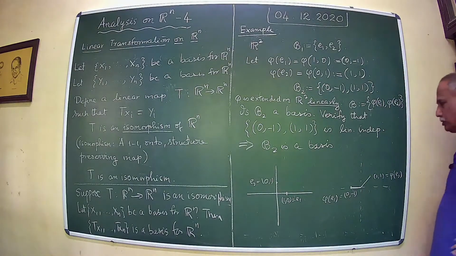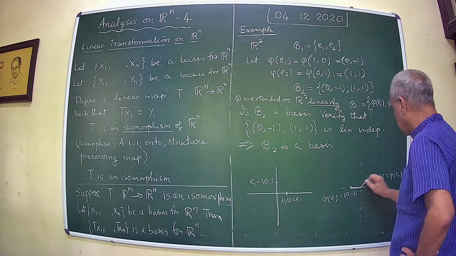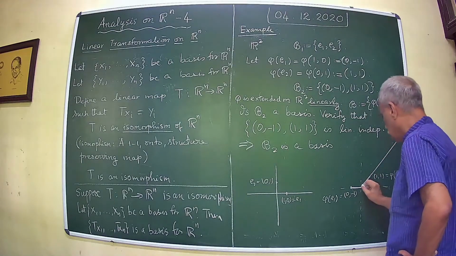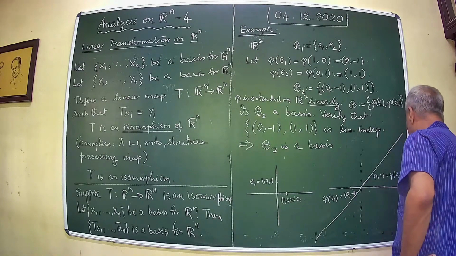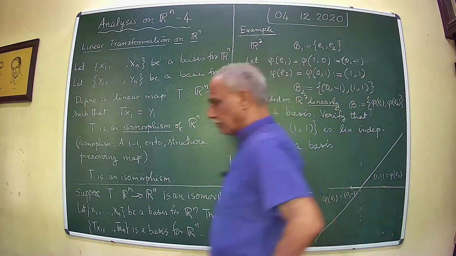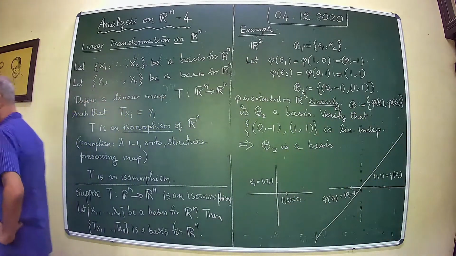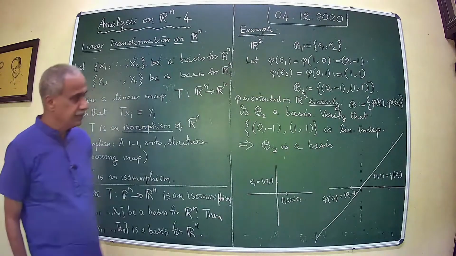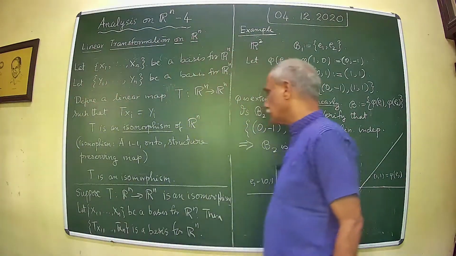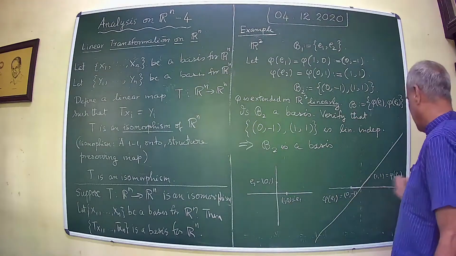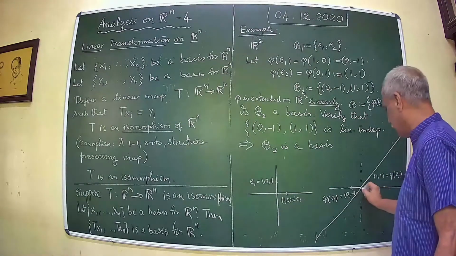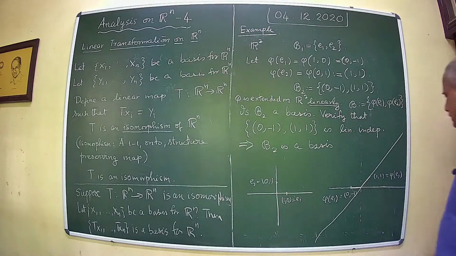Therefore, what I am doing is making a new coordinate system with these two as the reference axes. So you see that they are not along the same direction, so obviously it forms a basis. It forms a coordinate system.